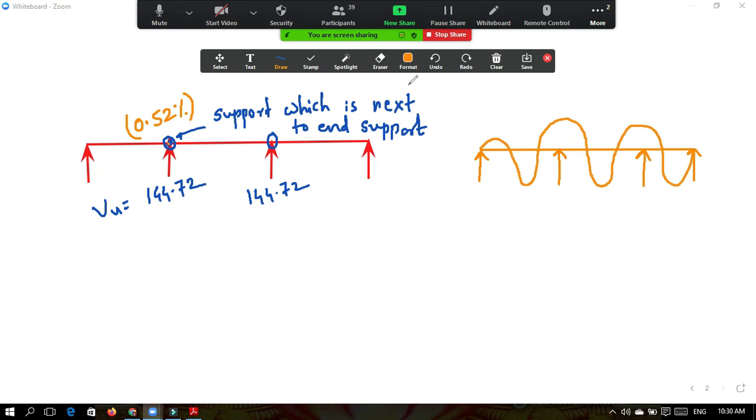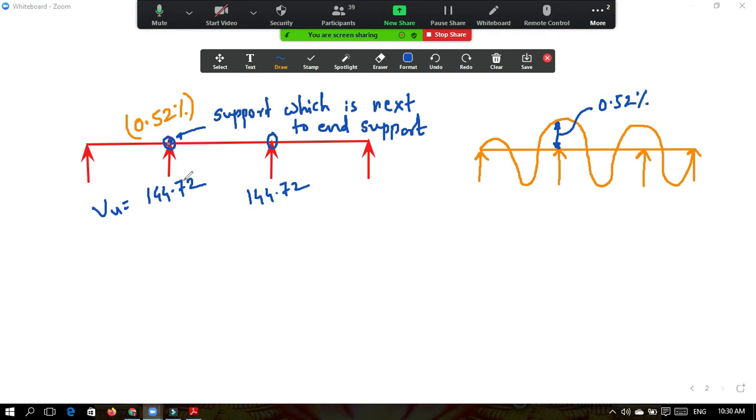The percentage of steel is for this moment, 0.52%, and the value of this moment we have already calculated, it is 151 point something. So we got at the same point the value of maximum shear force.